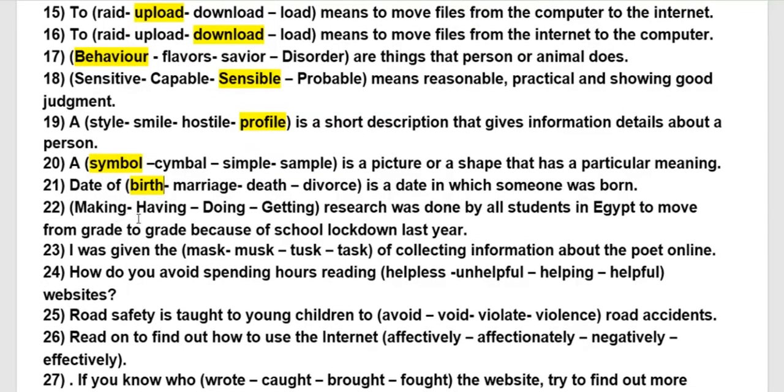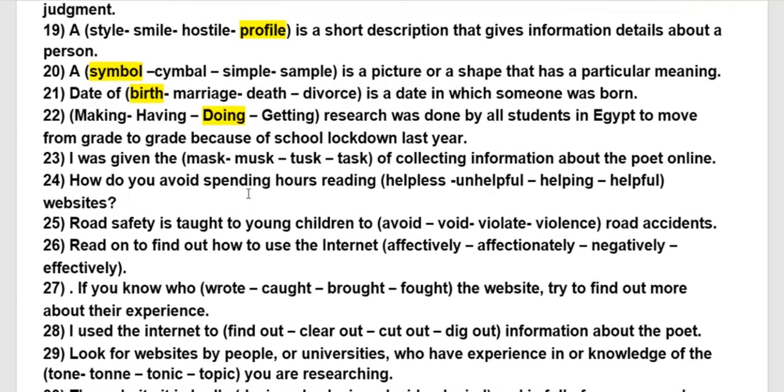Making, having, or doing, getting research. Doing a research. We say, to do a research. I was given the task of collecting information about the boat online.